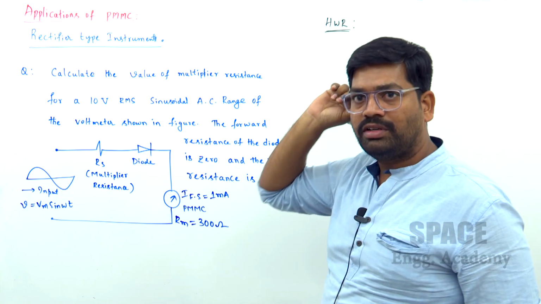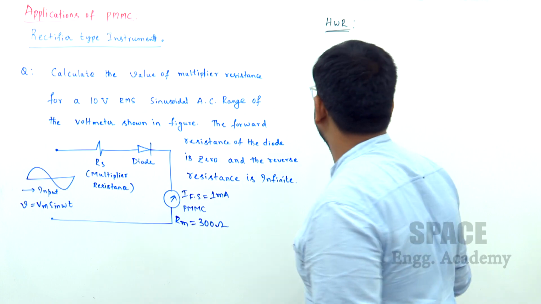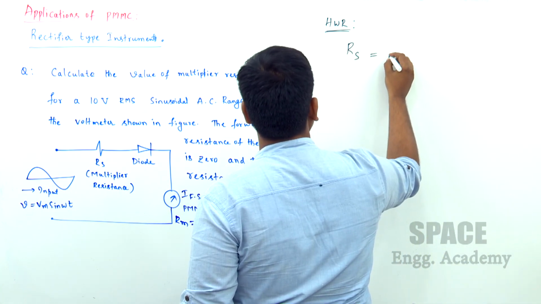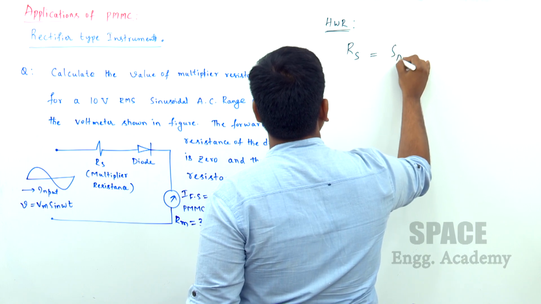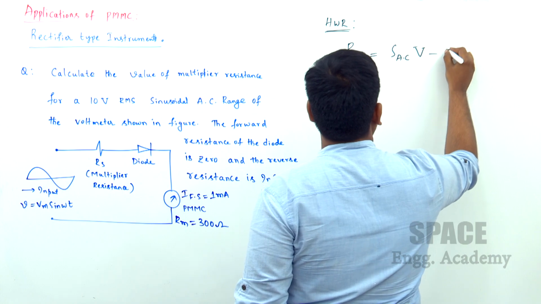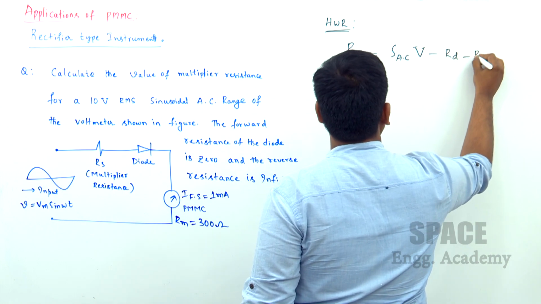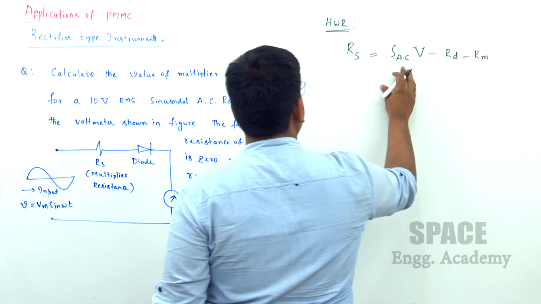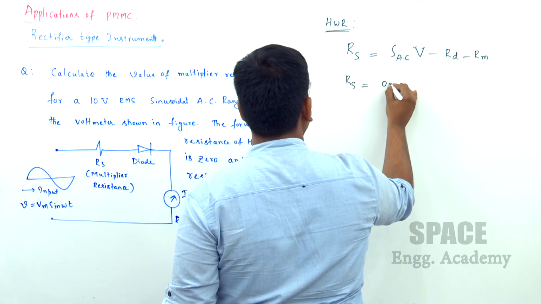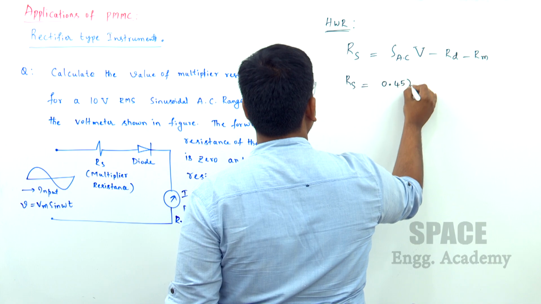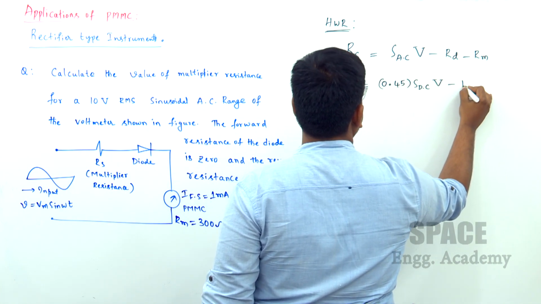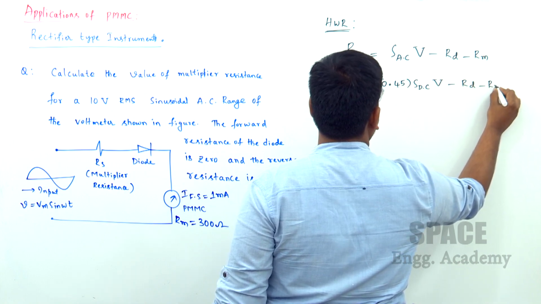We know the expression for half wave rectifier type instrument. For multiplier resistance or series resistance, which is equal to AC sensitivity into RMS minus RD minus RM. And this AC sensitivity we can even indicate in the form of DC sensitivity, that is 0.45 into DC sensitivity into RMS minus RD minus RM.